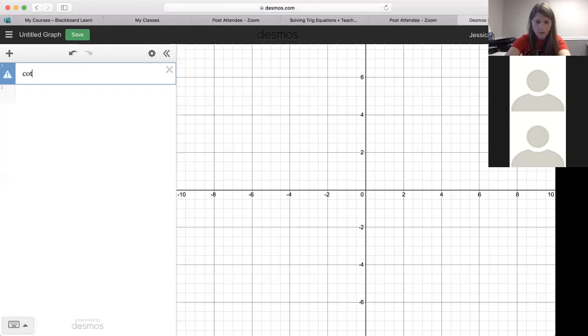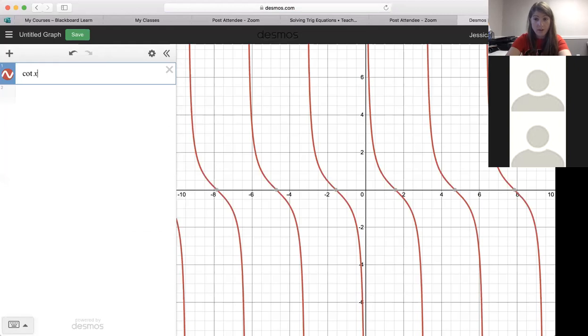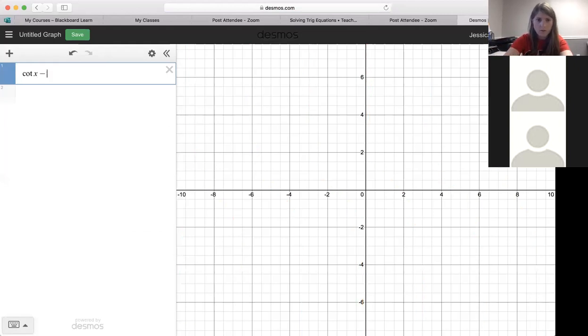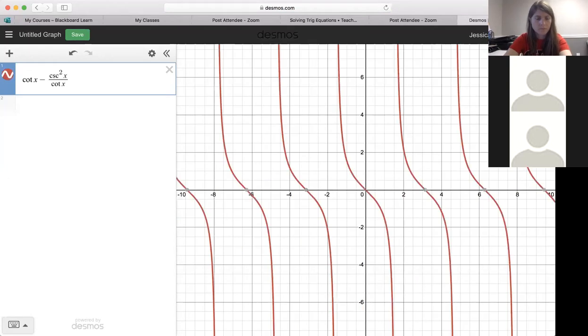So we've got cotangent of x. Notice we've got that very similar to the tangent with all of our asymptotes. And then for our next part, I've got cosecant squared of x over cotangent. Okay, so that was interesting. We've got all of that stuck in.